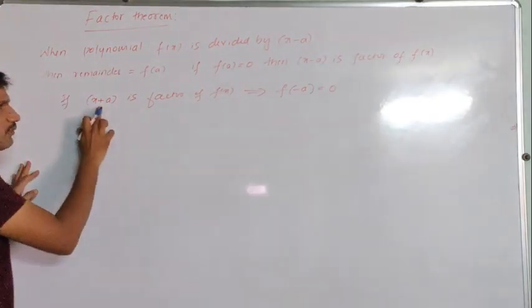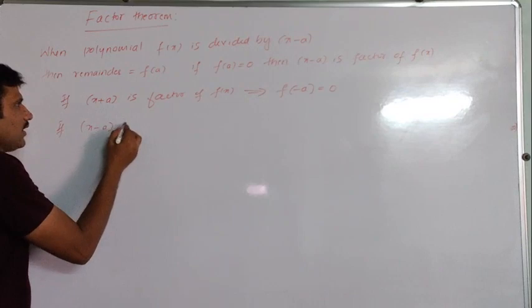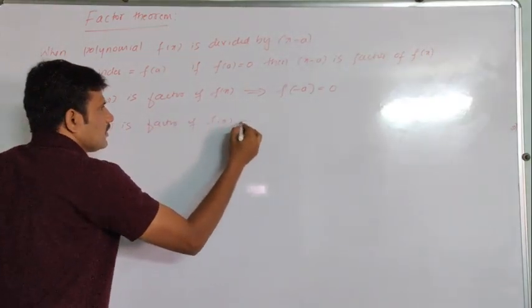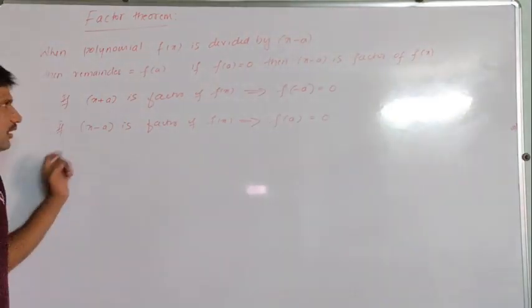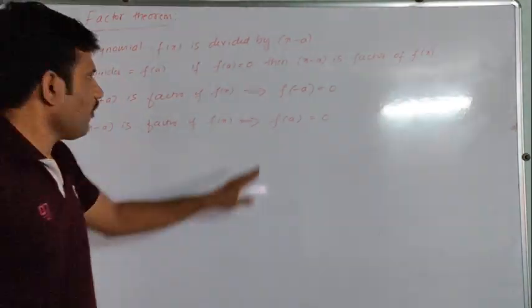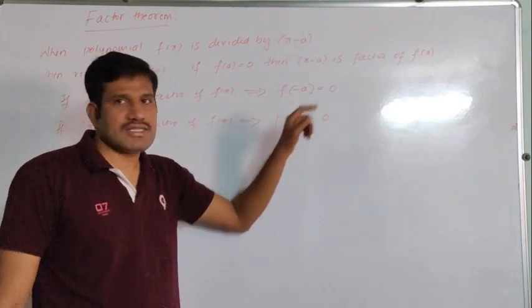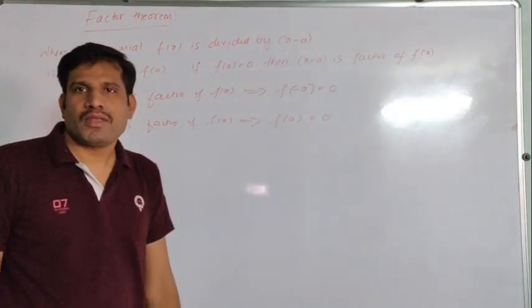Already told you, just take the opposite sign. So if x minus a is a factor of f of x, this implies f of a equals 0. Is it clear? If x plus a is a factor of f of x, then f of minus a equals 0. In f of x, if x is equal to minus a, that answer is 0 because they have given x plus a is a factor of f of x.